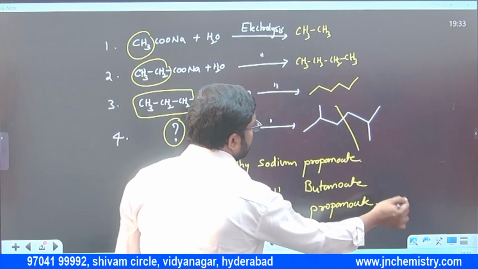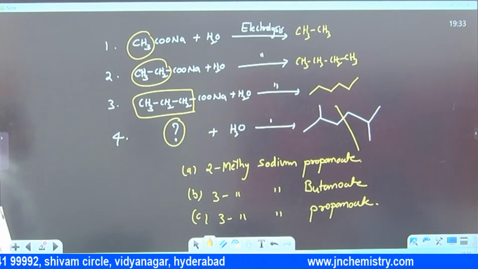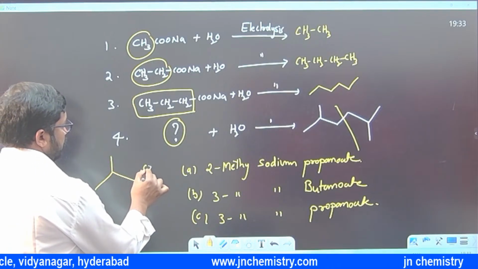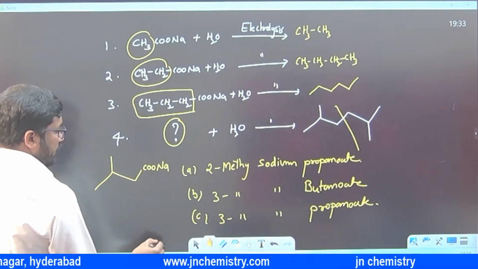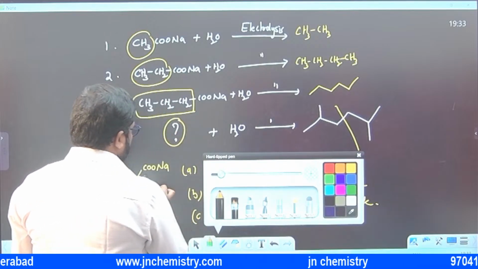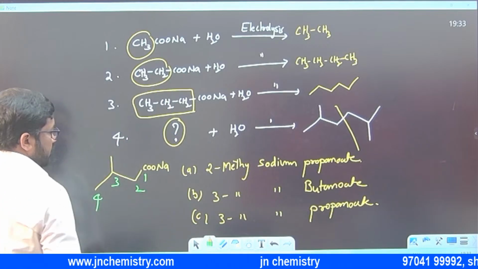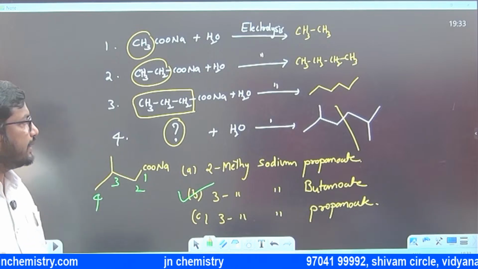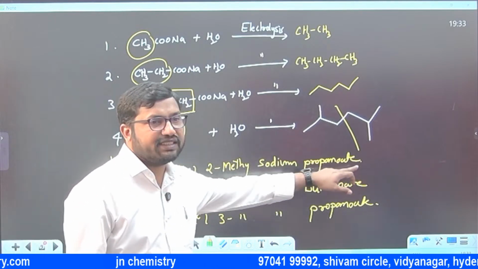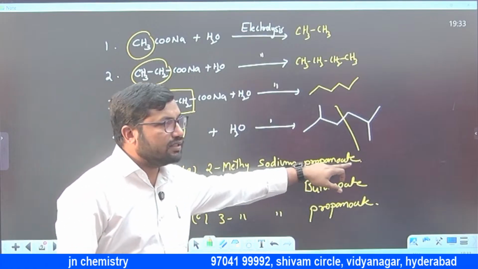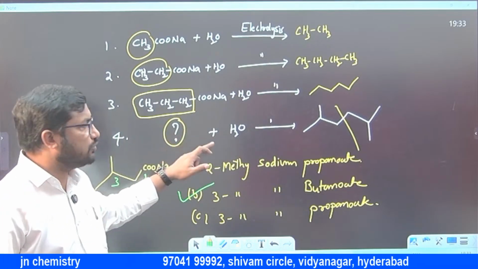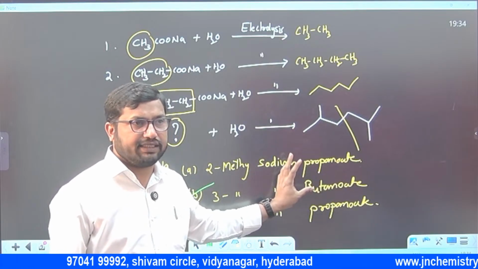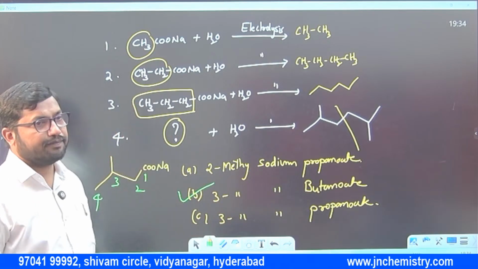What is the answer? 1, 2, 3, 4. 3-methyl sodium butanoate. So there is a huge chance to make this mistake. Which mistake? 2-methyl sodium propanoate seems to be the right answer. 99% of students will make silly mistakes here. So put 5 star.